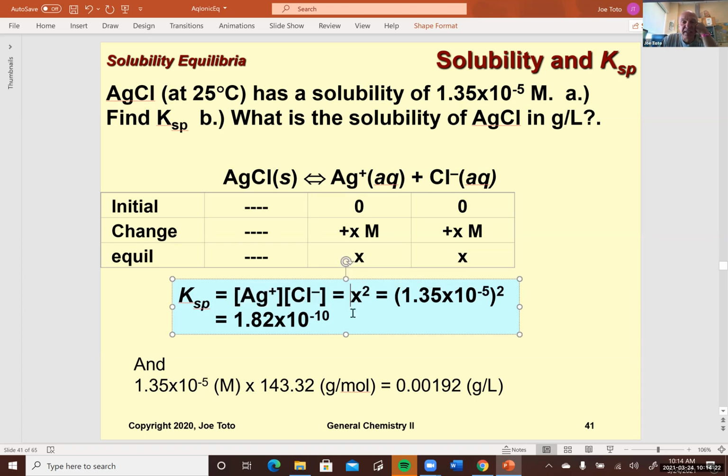So it equals X squared, but X is the solubility. So it's the product of the ion concentrations. That's probably why they call it the solubility product constant, because for simple cases without stoichiometric coefficients, it's just the simple product of the solubilities. Any questions on that?